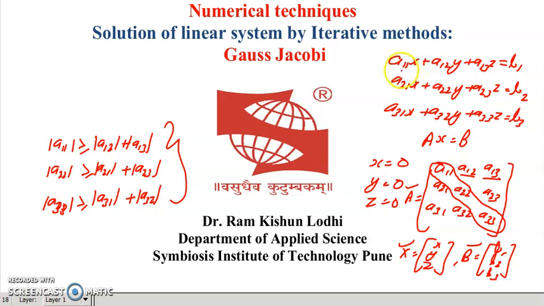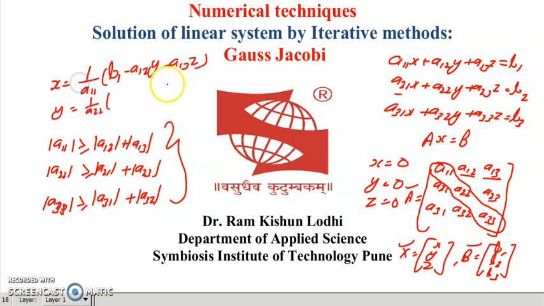So guys, if the diagonally dominant condition is satisfied, meaning the coefficient of x is greater than or equal to the sum of the coefficients of y and z, then we find the value of x from the first equation: x equals 1 by a11 into b1 minus a12 y minus a13 z.